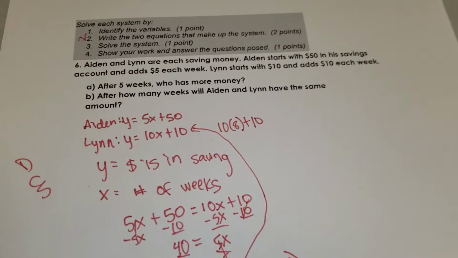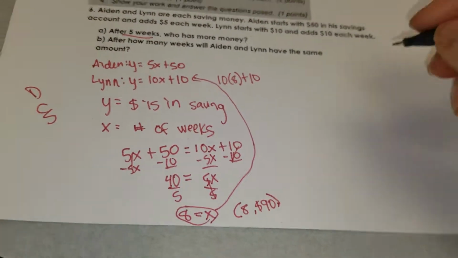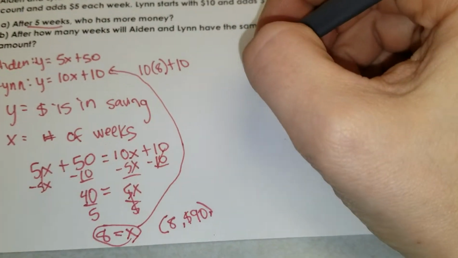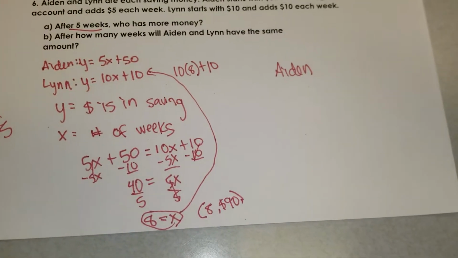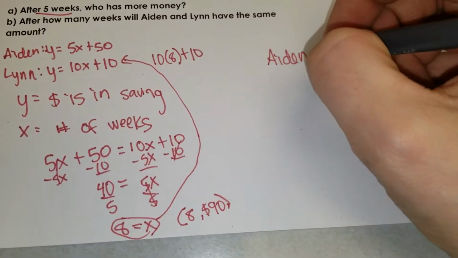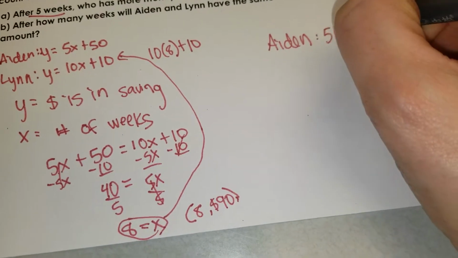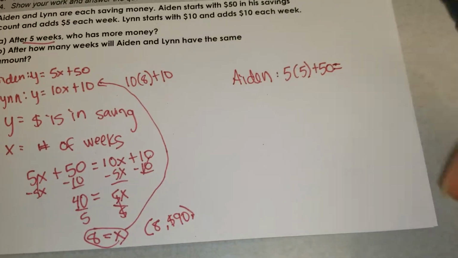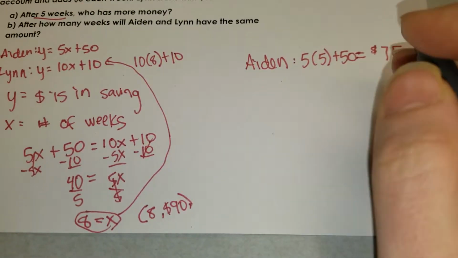And then if you go back to 8, it says after 5 weeks, who has the most amount of money? So this would be Aiden's equation. So after 5 weeks, again, you can just grab your calculator. 5 times 5 is 25, plus 50 is 75.